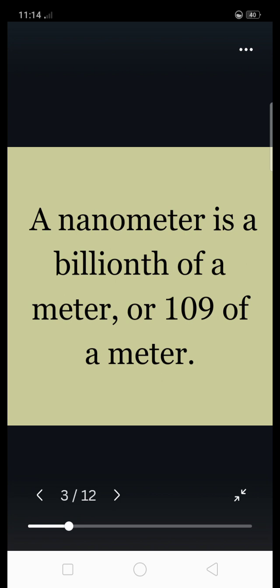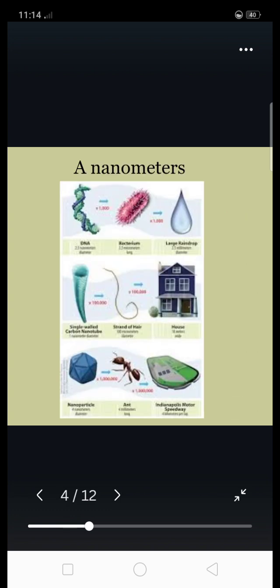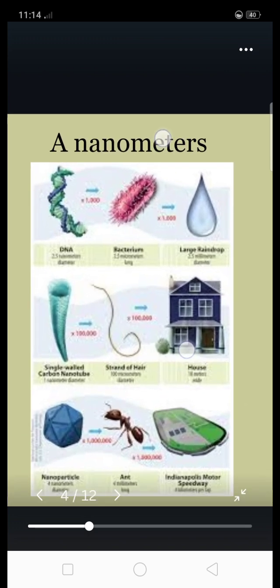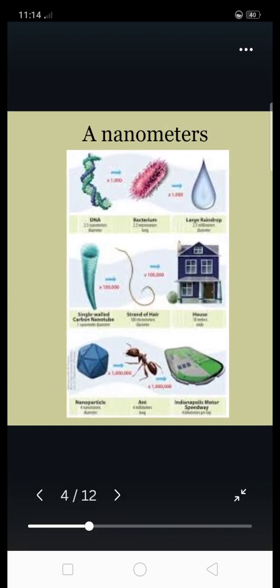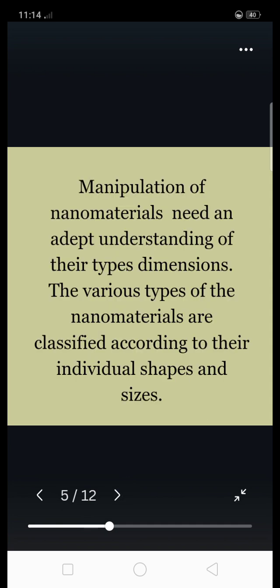The illustration below shows how small the nanoscale is compared to other particles or materials. Manipulation of nanomaterials needs an adept understanding of their types and dimensions.